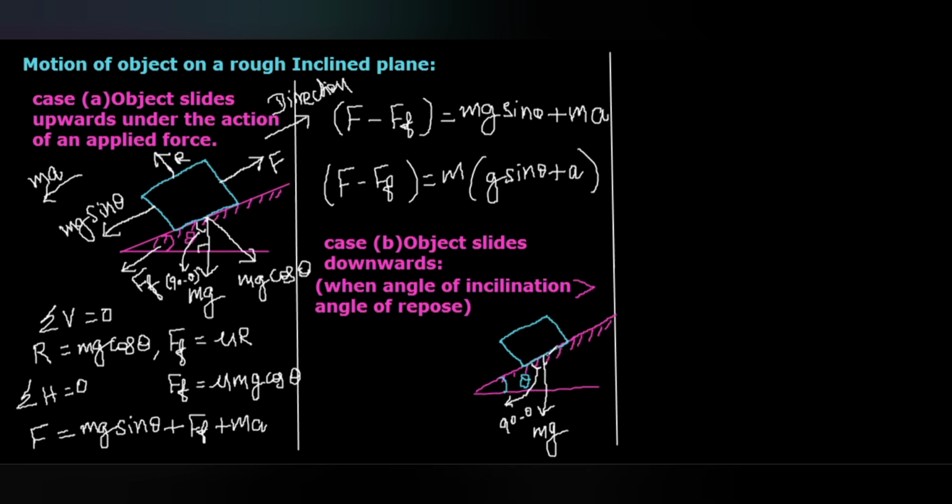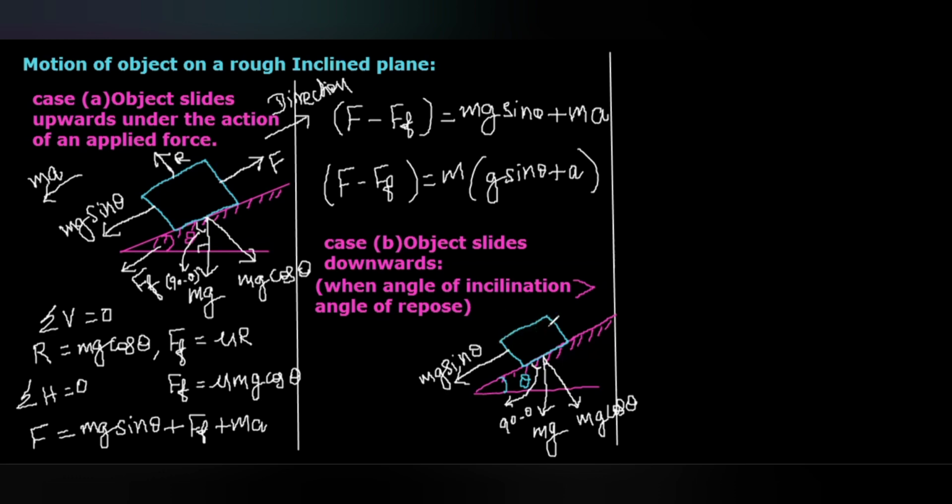So this I am going to resolve into two components. The vertical component will be mg sine (90 minus theta), but sine (90 minus theta) will become cos theta. The horizontal component, mg cos (90 minus theta), but cos (90 minus theta) will become sine theta.